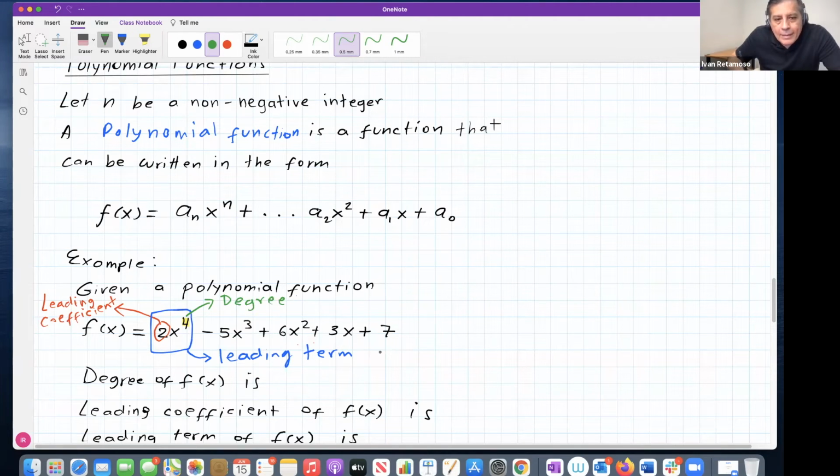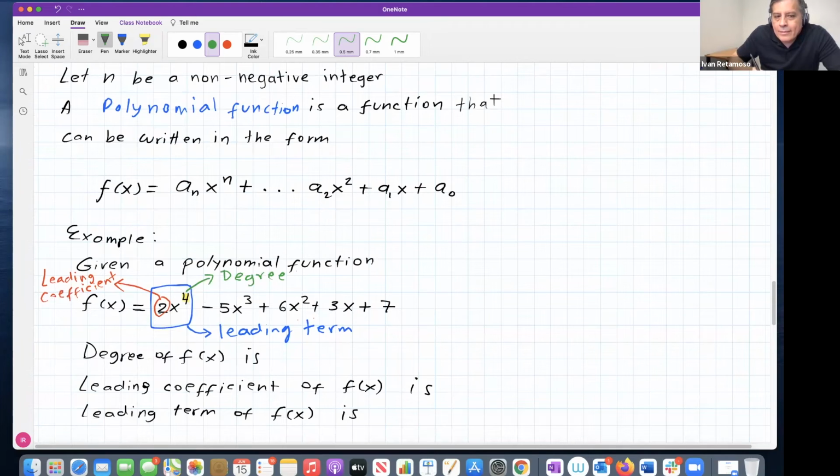Notice that the polynomial should always be written starting with the term with the highest degree. This is called the leading term, leading coefficient, and then the rest is written on the right. Now, the degree of f of x is 4. The leading coefficient of f of x is the number that appears up front, the number 2. The leading term of f of x is the whole thing, 2x to the 4.